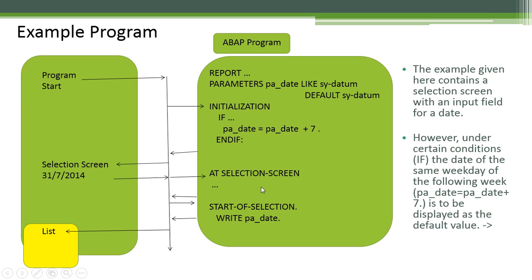For example, you can write your SELECT statements here, and then the SELECT statements fetch the corresponding data and bring it back to the screen. After that, the START-OF-SELECTION event is triggered, and then the WRITE statement is executed, and the control is given back to the screen and a list is displayed.